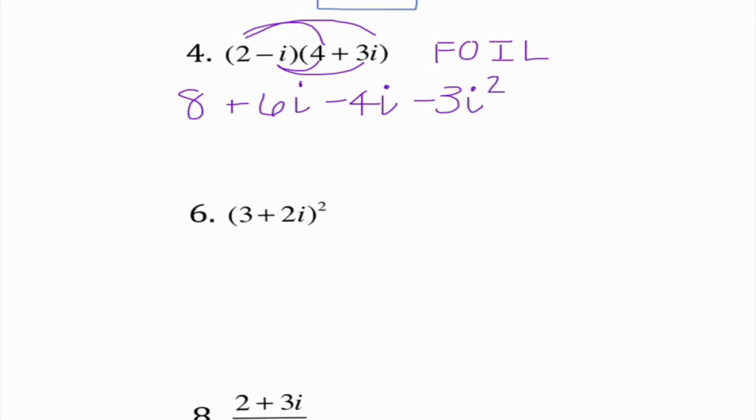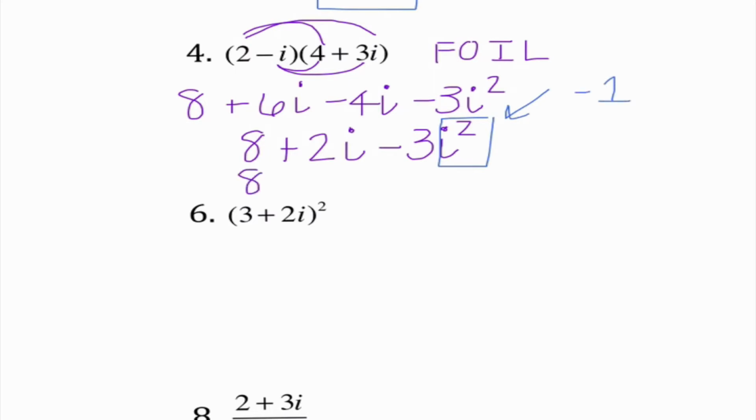So when I add all of my like terms together, I get 8 plus 2i minus 3i squared. Now once again, I have this i squared, which we know actually represents negative 1.